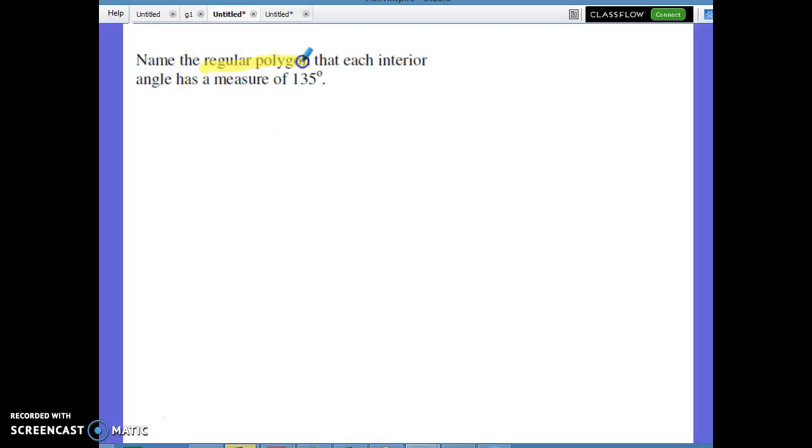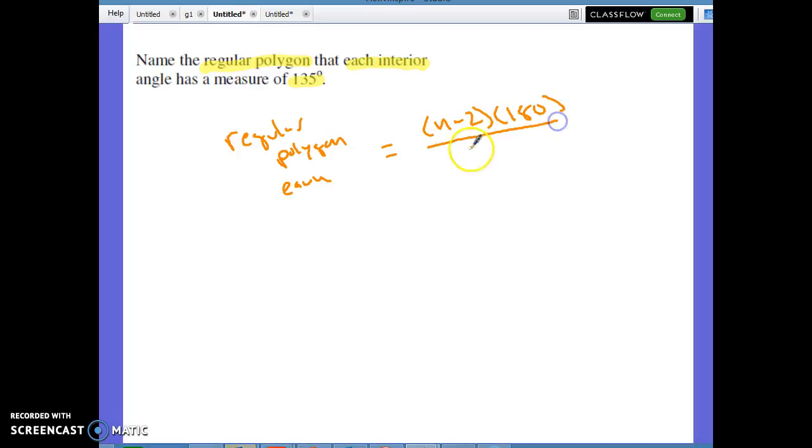All right, so by now you should have highlighted your important words, which I think would be regular polygon, each and interior, and then 135. Just like in the previous example, we know that for a regular polygon, if we're looking for each angle and the interior, it is equal to n minus 2 times 180, all divided by n, again, where n is the number of sides.